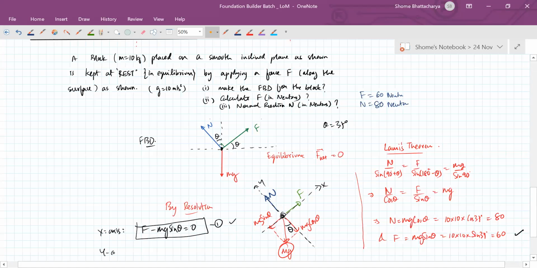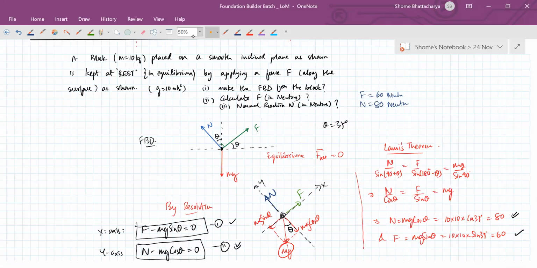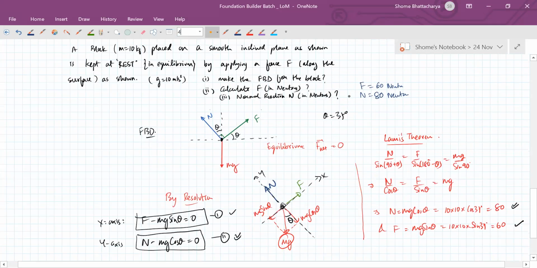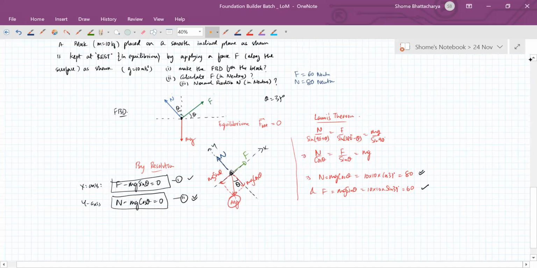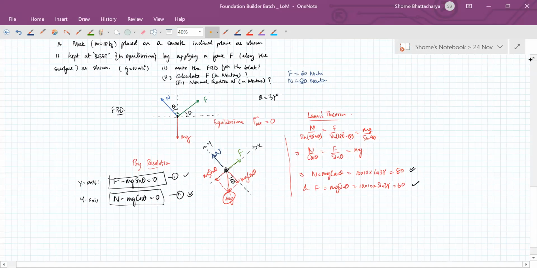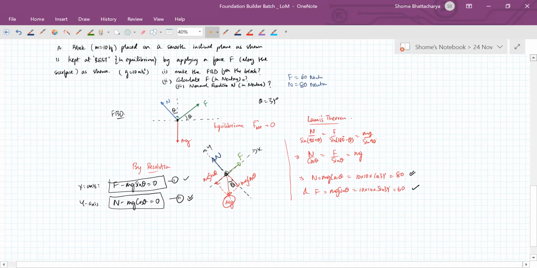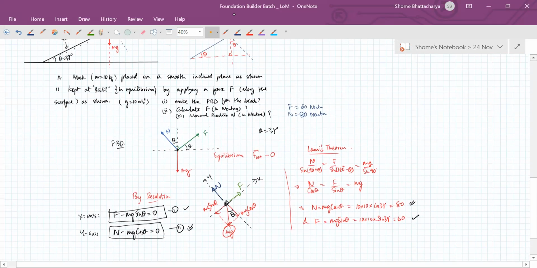And along your y-axis, N should be balanced with mg cos theta. So this is your second equation. In this case, it's equally easy whether we do it by resolving the forces or by Lamy's theorem. But generally, as I've told you in the last lecture, when you're dealing with equilibrium of three forces, Lamy's theorem is the easier method of solving.